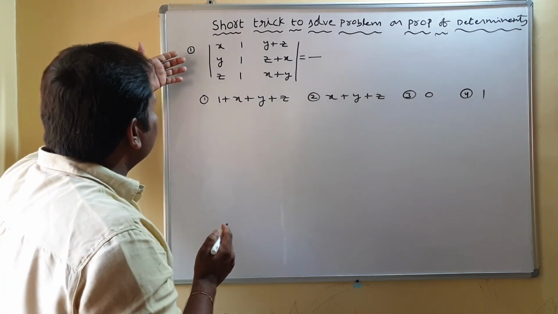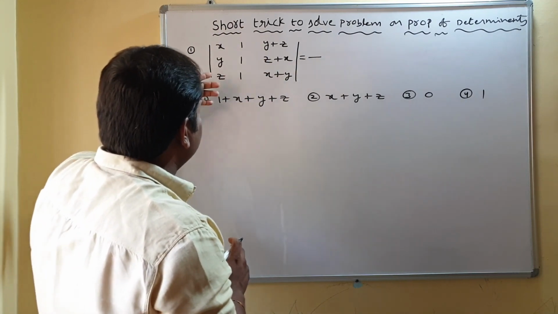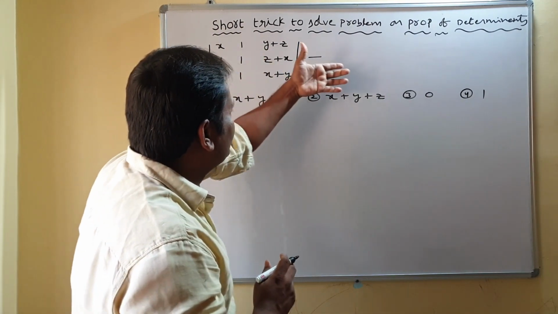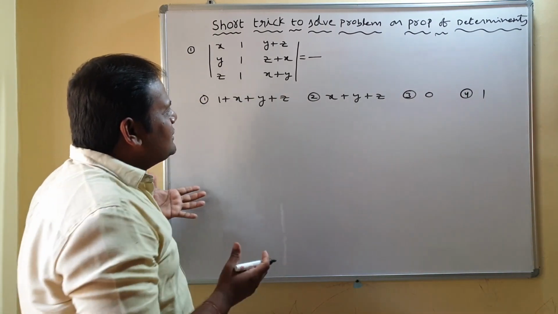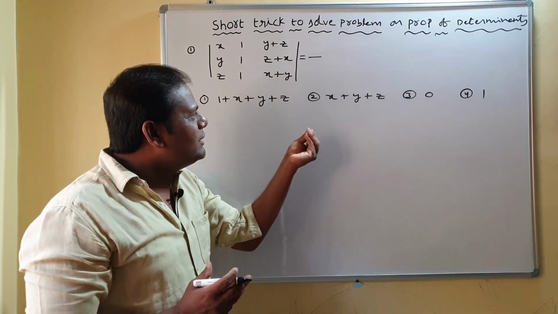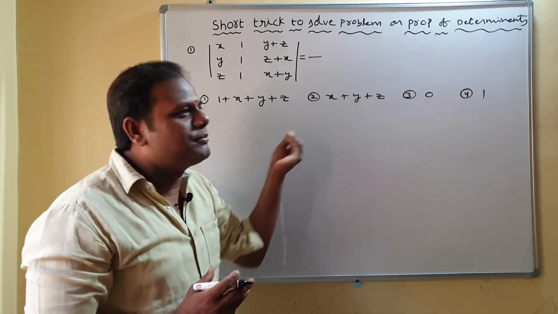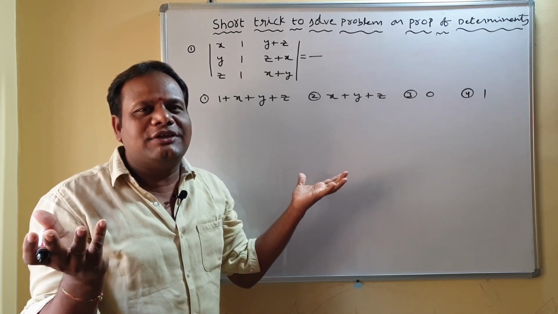See, coming to det x 1 y plus z, y 1 z plus x, z 1 x plus y, equal to what? To get the answer, no need of applying any row transformations or column transformations. Just if you know numbers, easily you can give the answer.